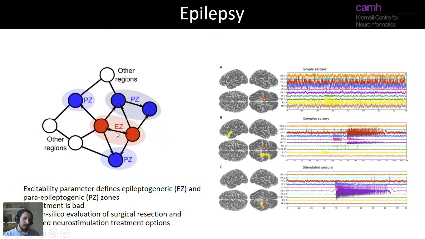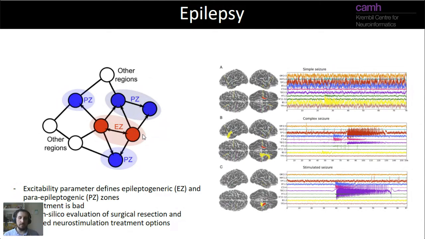But the key idea is that in order to prevent a grand mal seizure, so global seizure spreading, ideally you want to hit the epileptogenic zone and resect that tissue. But sometimes that's not feasible for various reasons, in which case you might be interested in resecting parts of the propagation zone tissue, if the model suggests that will have an effect in terms of preventing large seizure propagation.